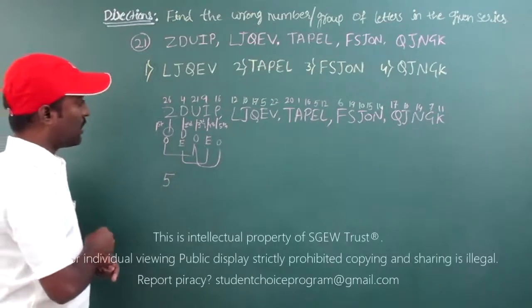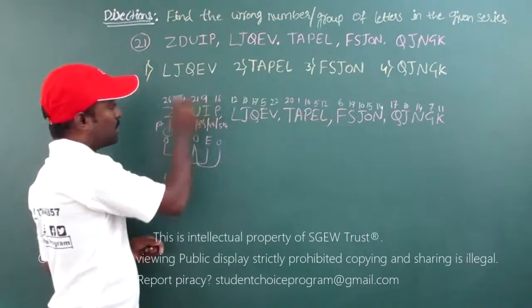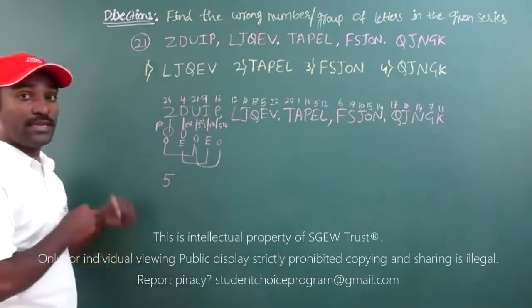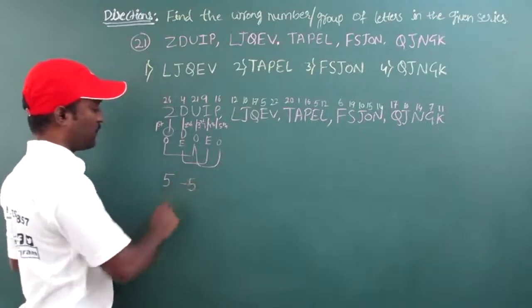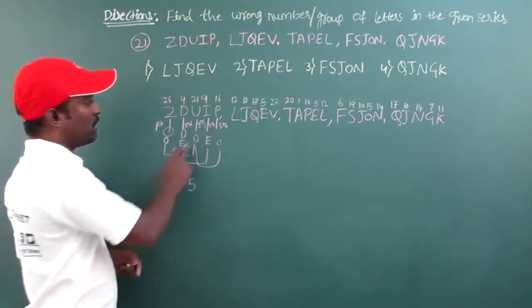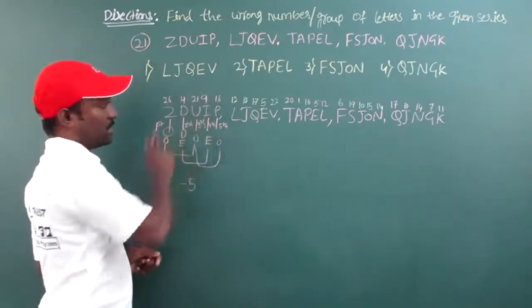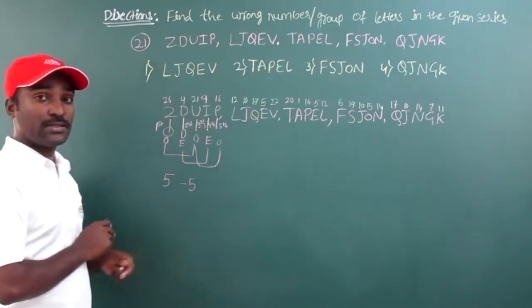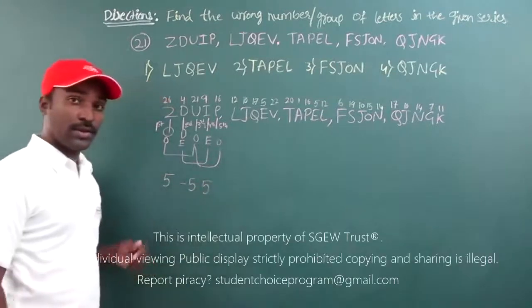Now second position minus fourth position: 4 minus 9 will give me minus 5. Next, third position minus fifth position: 21 minus 16 is 5.